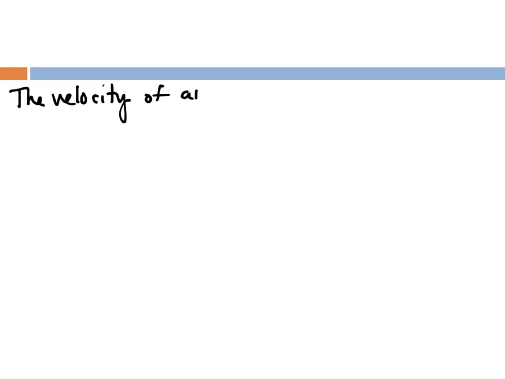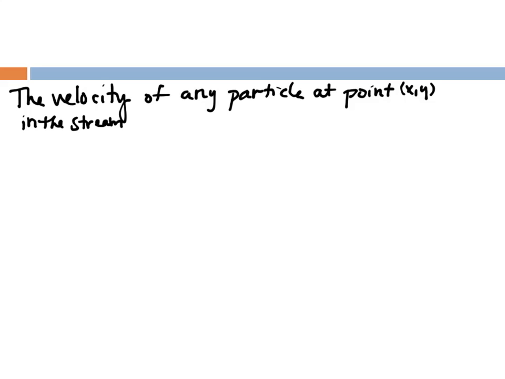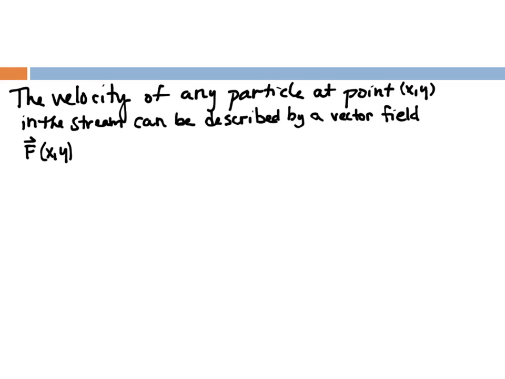of any particle at point xy in the stream can be described by a vector field, F of xy.